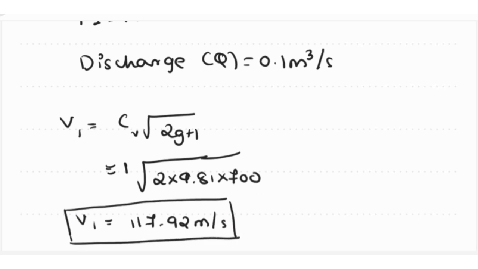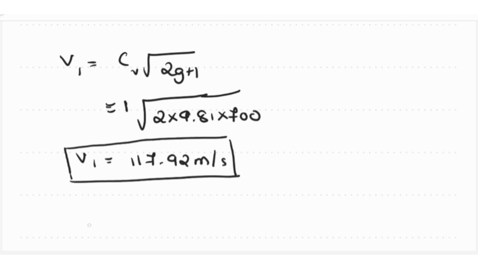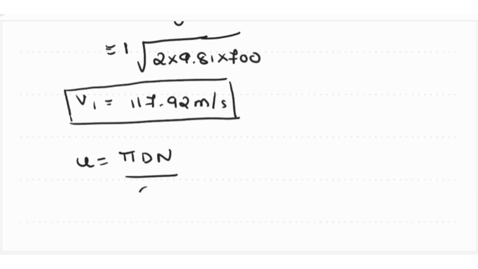So similarly we should go with the calculation of velocity of runner or wheel. Here diameter is given and speed is given, so you can go with the formula u is equal to pi DN divided by 60. So that is pi into D is 1 into N is 1000 divided by 60.